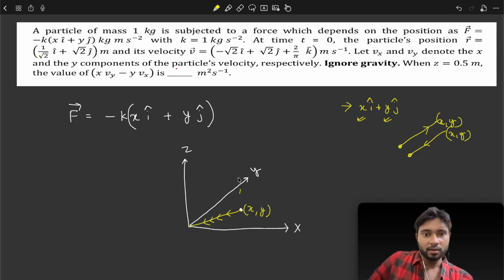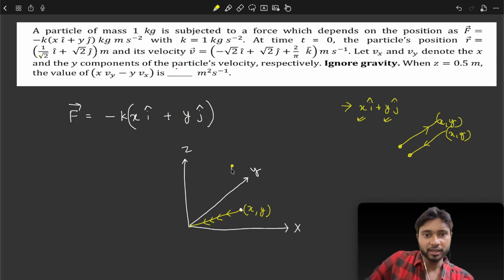When the particle is here having some z coordinate, again the direction of force is independent of the z coordinate. The direction of force is again dependent on x and y.